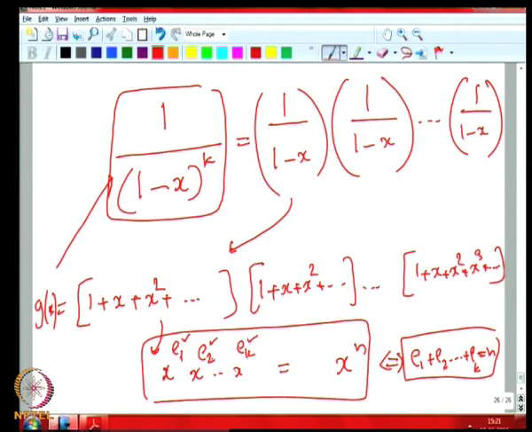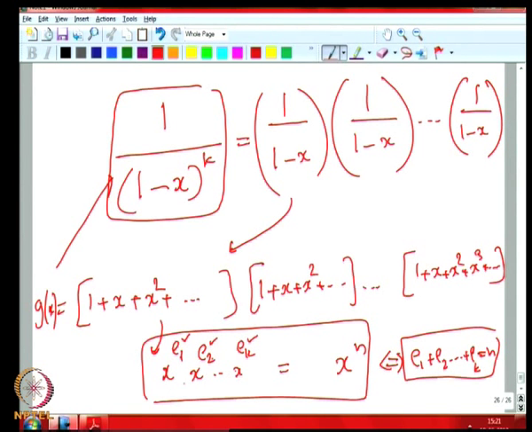More clearly, suppose you take a non-negative integer solution E1, E2 up to Ek to the equation E1 plus E2 plus up to Ek equals n. Then for that solution, we collect x to the power E1 from the first term, x to the power E2 from the next term, and x to the power Ek from the last term.